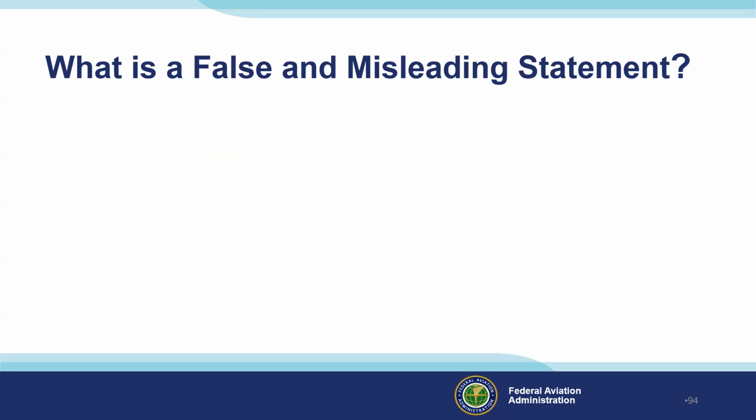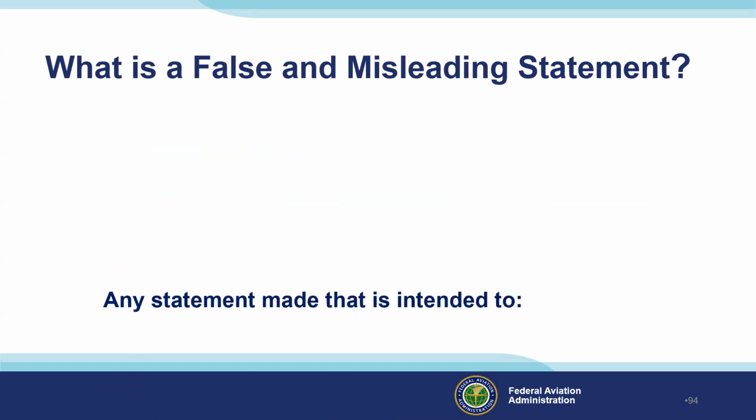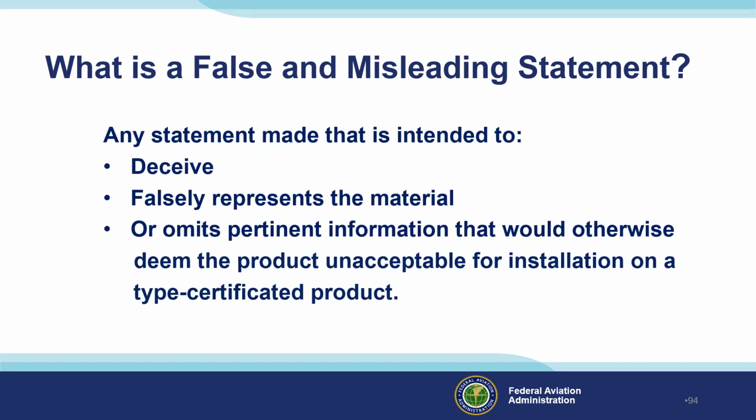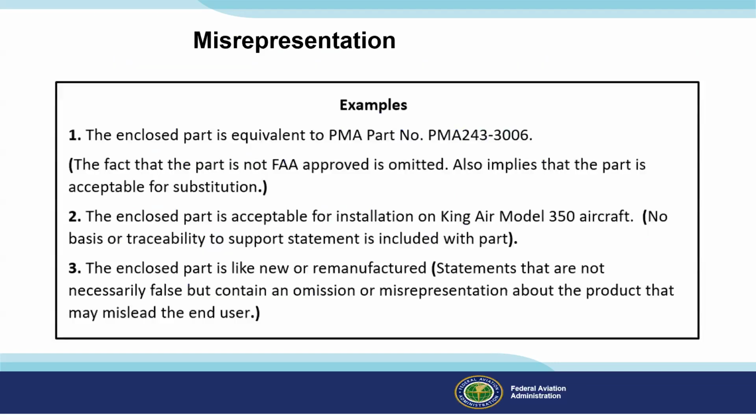So what's a false and misleading statement? Here's an example. Any statement made that's intended to deceive, falsely represent the material, or omits pertinent information that would otherwise deem the product unacceptable for installation on a type certificated product. Here's the examples.